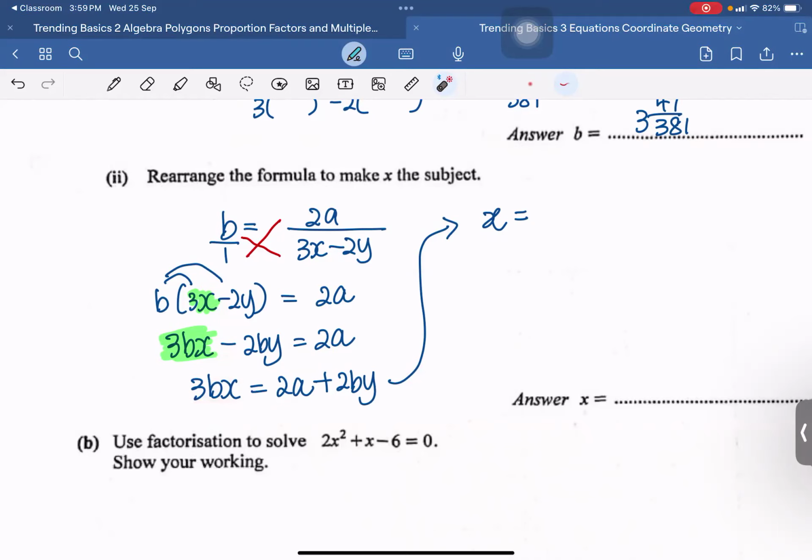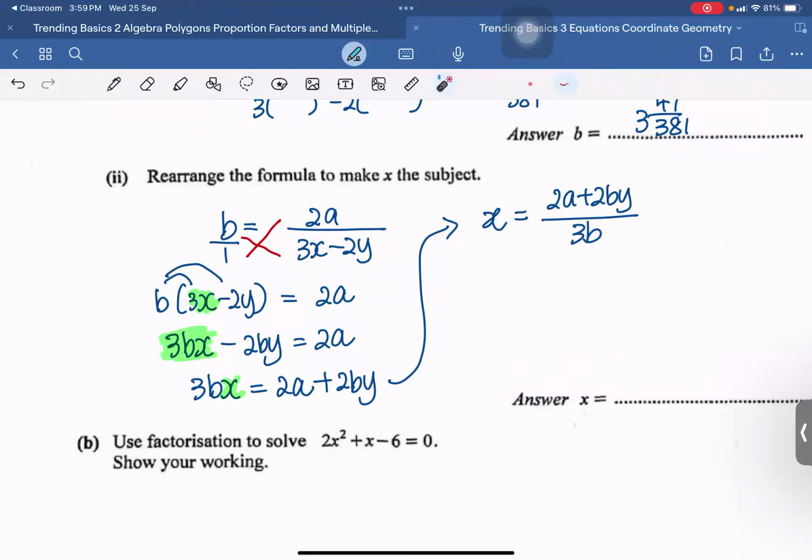I want x, so you take out the x. I keep the x there. Then remove which one? 3b. Yes. So where does it go? Plus, minus, times, divide, which one? Divide. Divide by 3b. Okay, thank you very much.